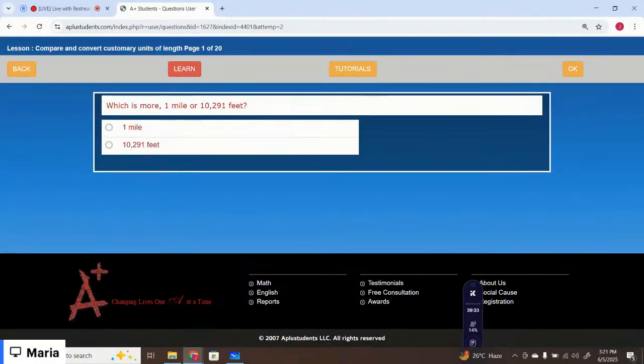Which is more, 1 mile or 10,291 feet? 10,291 feet is more than 1 mile. Option number two is the correct option.